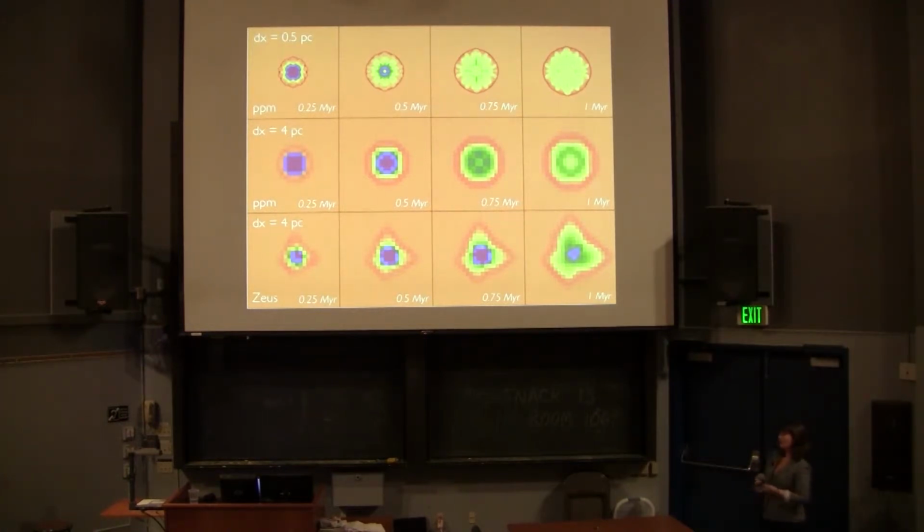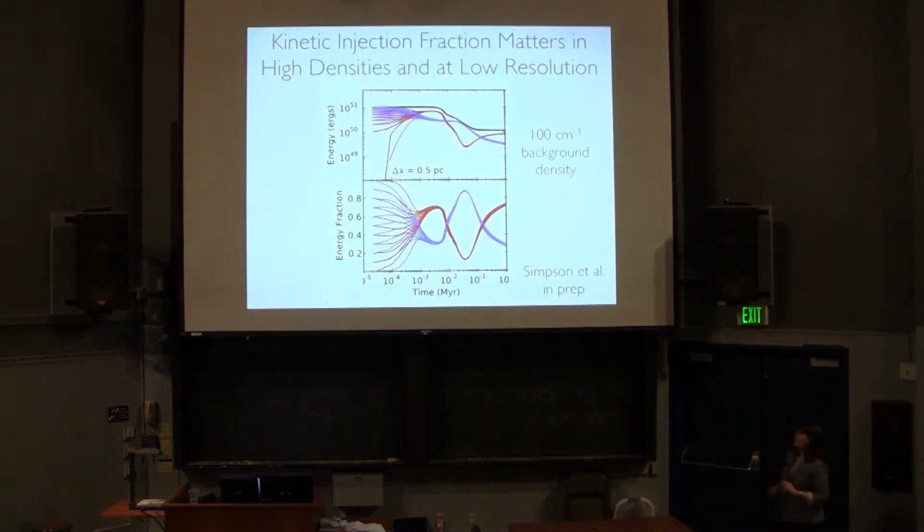I've had problems running the galaxy simulations with PPM: not only do you get some artificial energy loss, you also get these weird asymmetries, which I'm not quite sure I understand, but you can get different effects from these different properties.